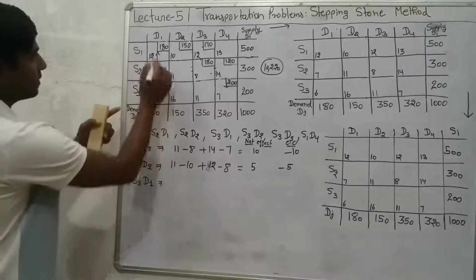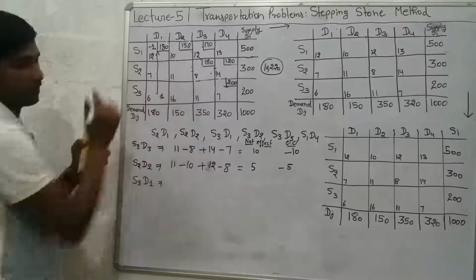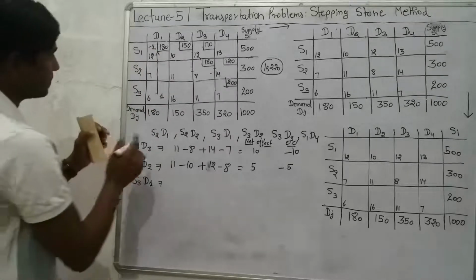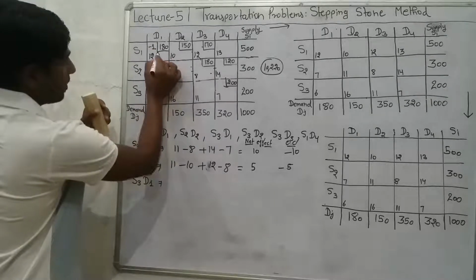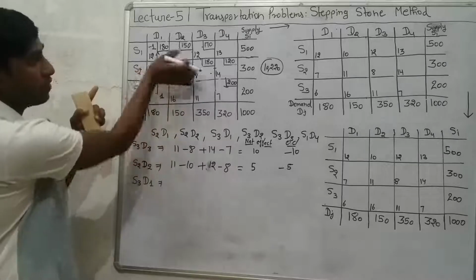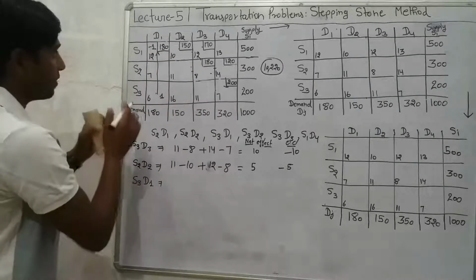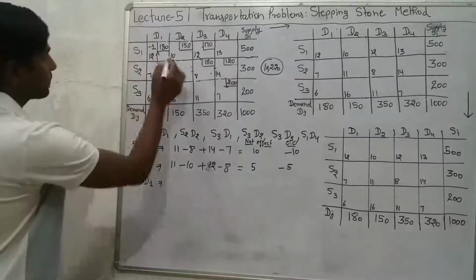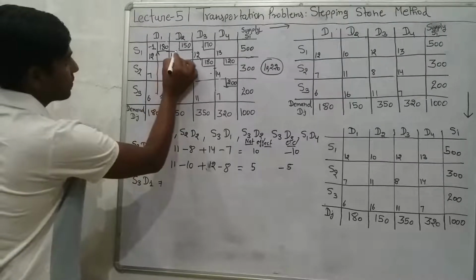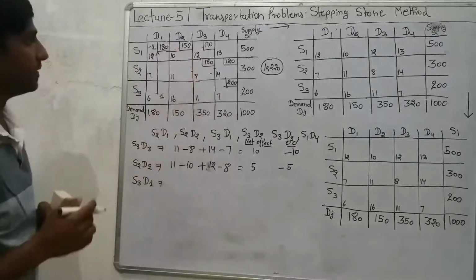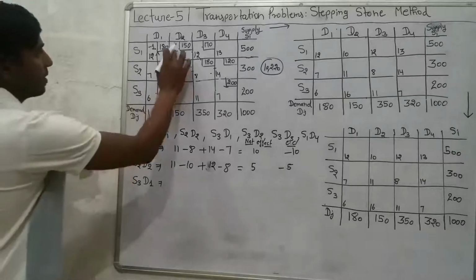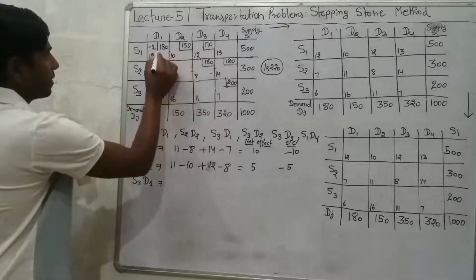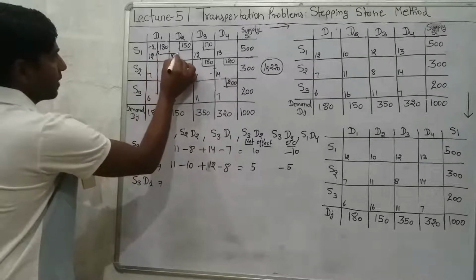To balance out, reduce 1 unit from here. Okay. Now, again, after moving vertically, we have to move horizontally. We cannot go further vertically. Move horizontally to the next cell.